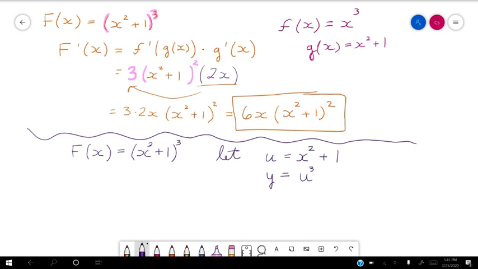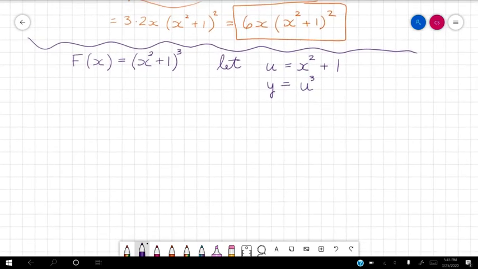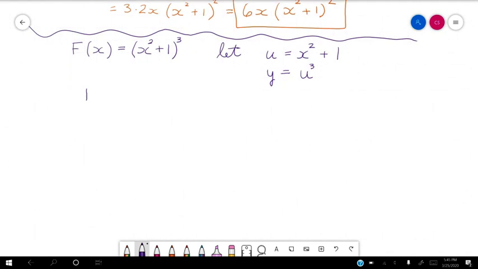Now our definition says the following: f prime of x, the derivative of that function, is first the derivative of y with respect to u, the derivative of the outside function. Then we take the derivative of the inside function, so the derivative of u with respect to x.